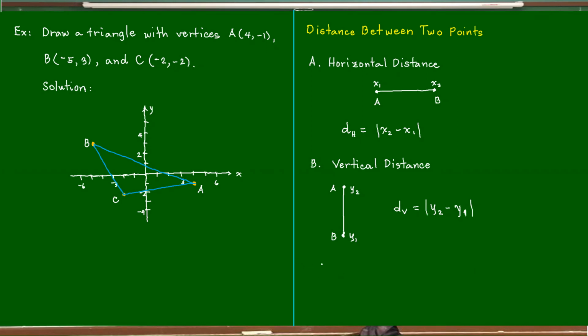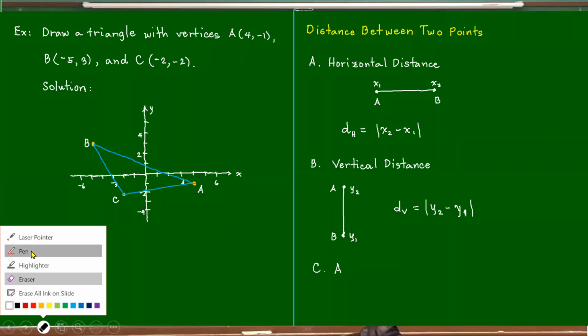And generally, we have what we call letter C. This is any location of the points. This is any distance, in other words.